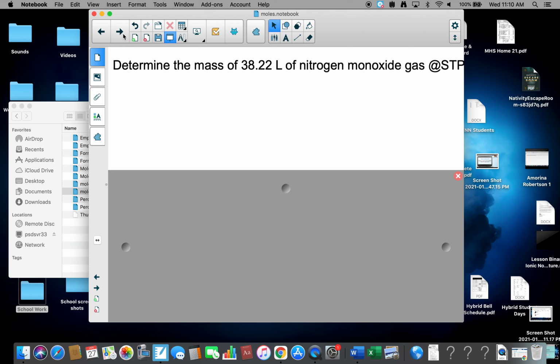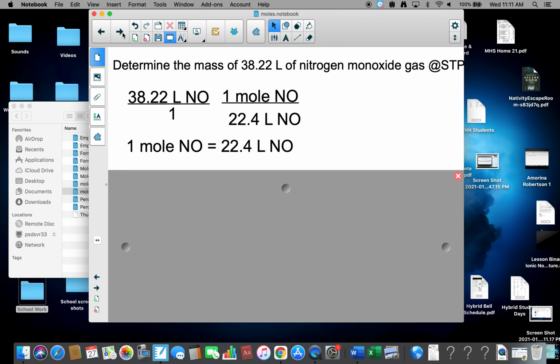Determine the mass of 38.22 liters of nitrogen monoxide gas at STP. So we take our given over 1. Now, it's a volume. Remember that 1 mole is equal to 22.4 liters. So we're going to put 1 mole over 22.4 liters. So my liters of nitrogen monoxide are now in moles. Is that what I want? Nope, I want mass. And this is a compound, nitrogen monoxide.